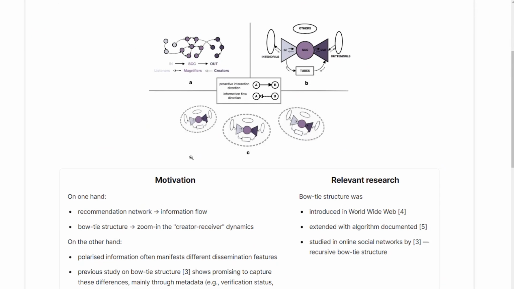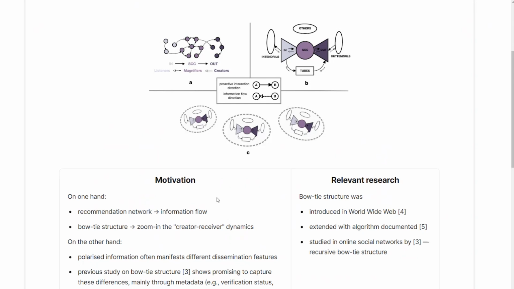The motivation for picking the bow tie structure is, on one hand, that recommendation networks, as far as we can see, signify information flow as well. For example, if Facebook page A recommends Facebook page B, that suggests that page B exposes some information of interest to page A, and that's why we say it's an information flow network as well.